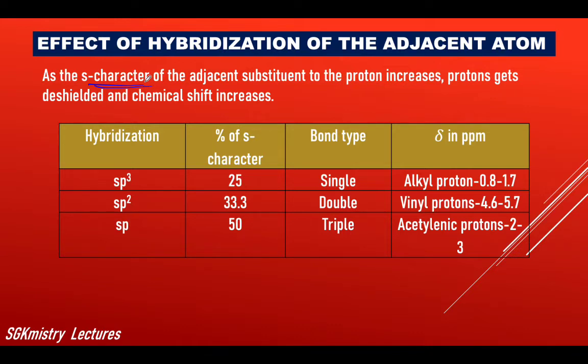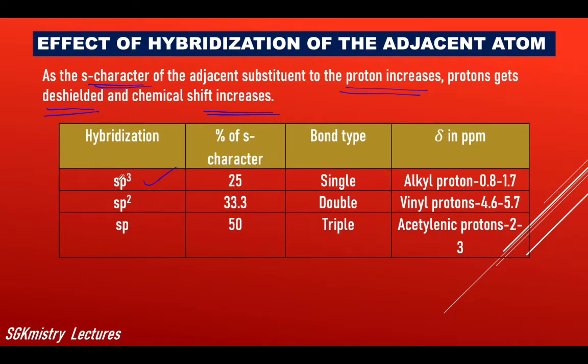If the S character of the neighboring atom to that proton is more, then the proton will get deshielded and hence the signal will be in the downfield region, or this will lead to higher chemical shift values. Now first coming to sp3, we know that the percentage of S character is 25.